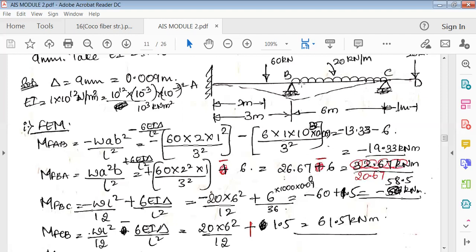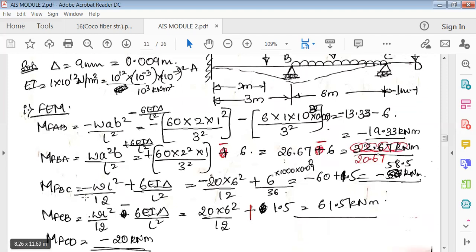Next, come back to BC. In BC it is UDL, so it is minus WL square by 12. In span BC, B is the left support now. Because B is the left support, if the left hand support is sinking, going down, in that case you have to add plus 6EI delta by L square.